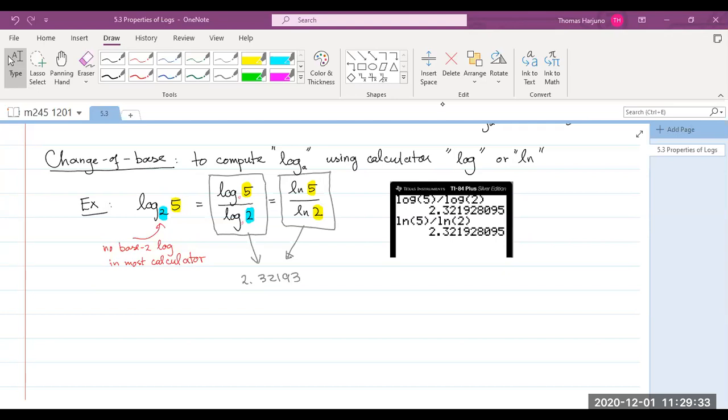Now, let me ask you to try, just to make sure you know how to do this. Let me ask you to try, for example, number 22. Log base 3 of 0.015.